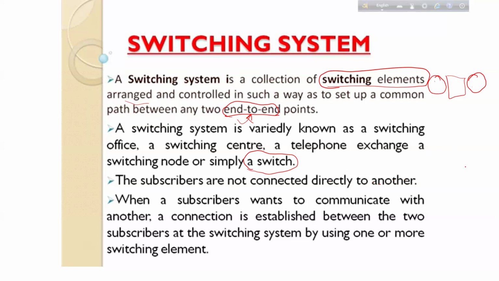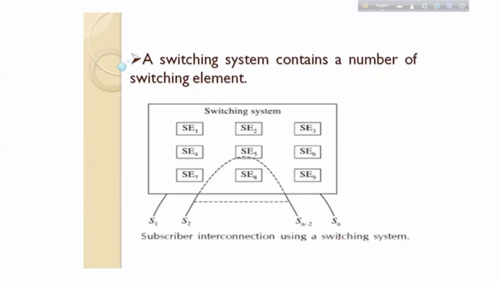In between them, there can be different switching elements or switching systems. When a subscriber wants to communicate with another, a connection is established between the two subscribers at the switching system by using one or more switching elements. I think it is pretty much clear to you what a switching system is.